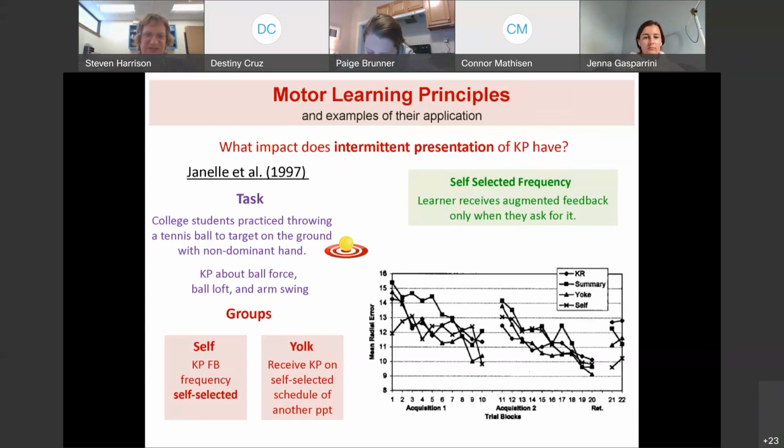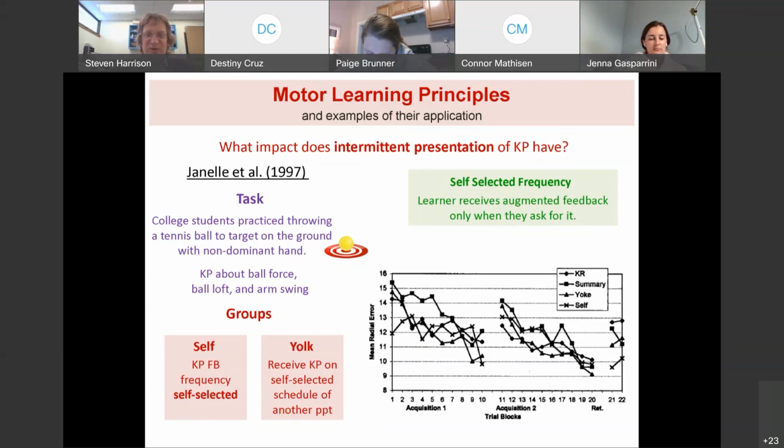So here we see the results. We see the exact same structure that we've been looking at before. On the y-axis, we have the mean amount of error in the throwing. The higher up you are on this graph, the more error that you're exerting. So as we go through the training, we see a decrease in error.